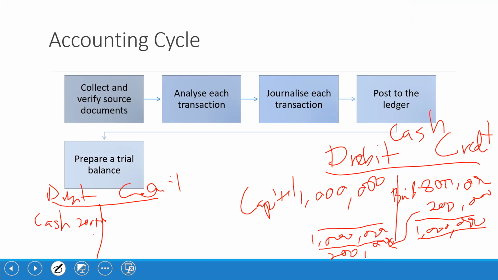This type of debit is not the type of debit and credit we know in a normal bank account, right? It is different. Actually, it's totally opposite to how a bank classifies debit and credit. That's why when I teach accounting, I don't want to teach bank accounts yet.